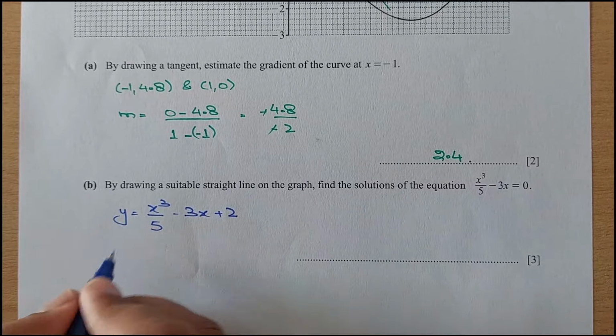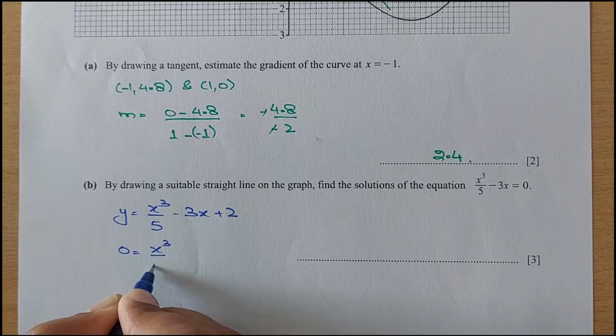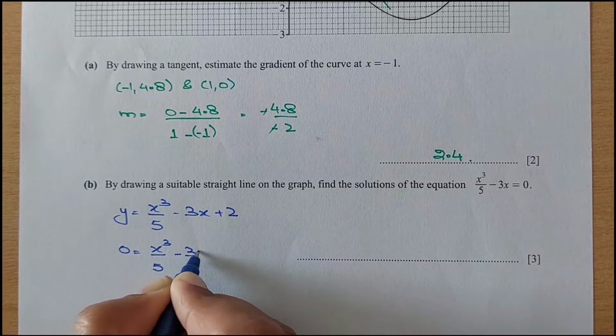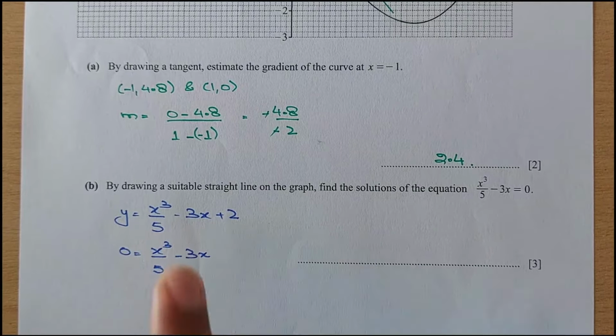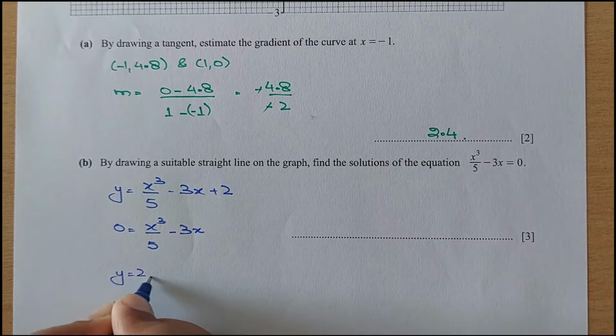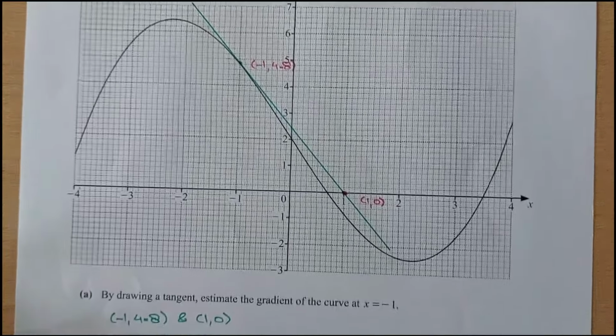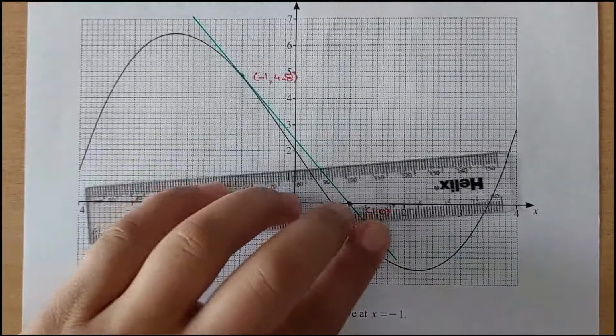And here we have been given 0 equals x cube over 5 minus 3x, right? So when we compare, it means y equals 2. That is going to be the straight line we need to draw, y equals 2, right? So let me draw that straight line. y equals 2 is going to be this line.